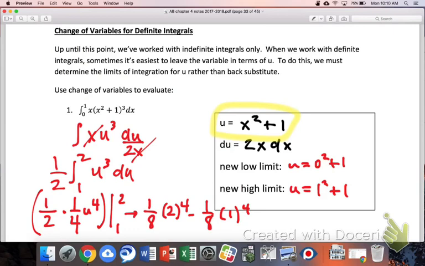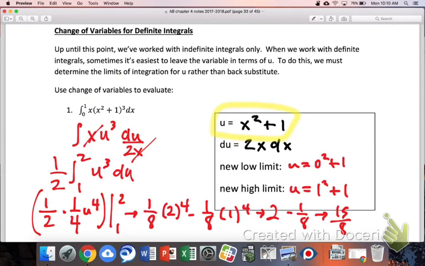Let's see here. 2 to the 4th is 16. 1/8 of 16 is 2. So I'm getting 2 minus 1/8. So 15/8. Yeah. 15/8. Not the prettiest of numbers, but whatever. It worked.